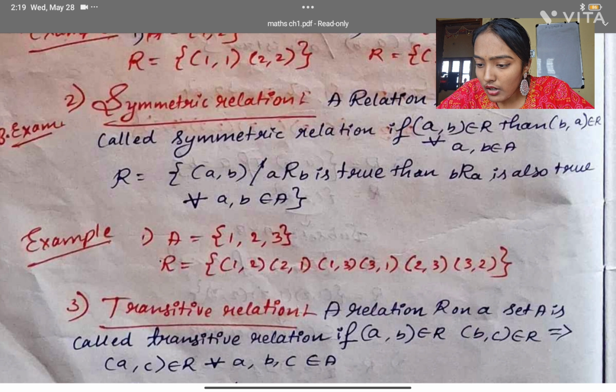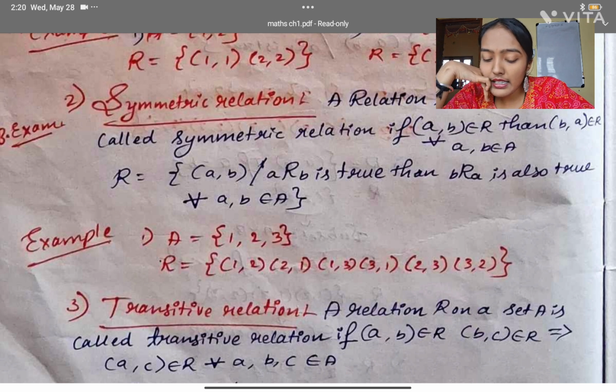A relation R on a set A is called a symmetric relation if (a, b) belongs to R, then (b, a) belongs to R, for all a, b belonging to set A. You may not understand, I know.